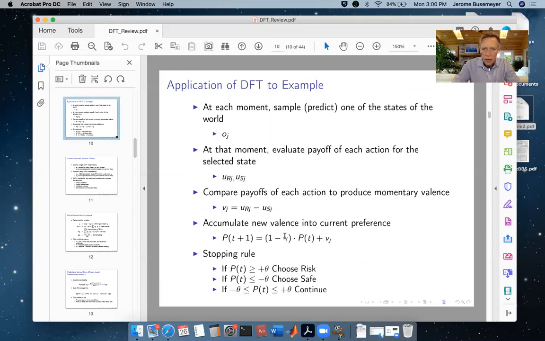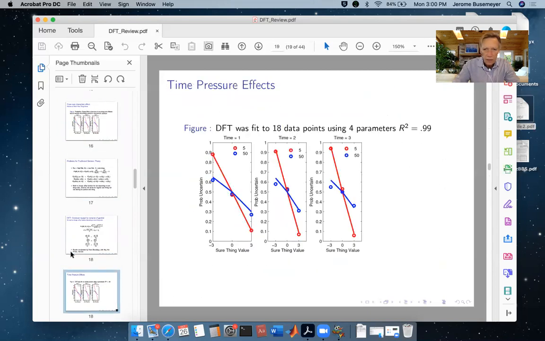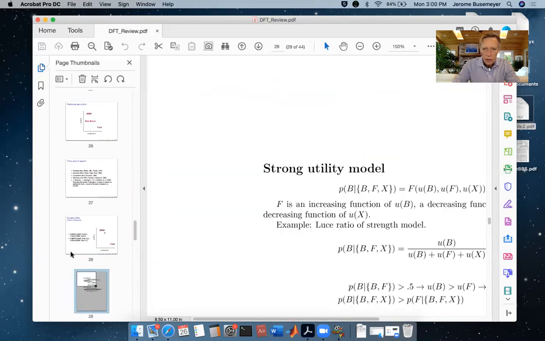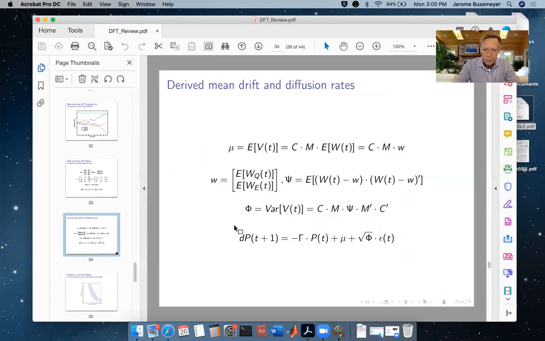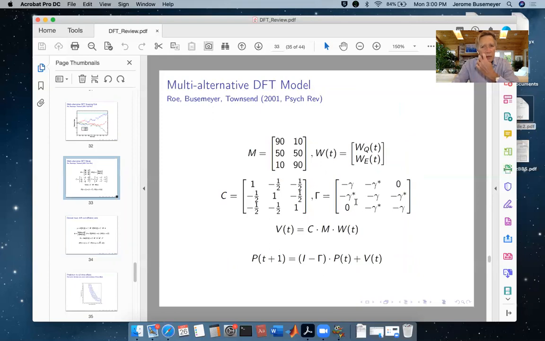This is a growth decay parameter. It can produce primacy and recency effects. We only need one single gamma in the one-dimensional model, which is keeping track of the difference between the two options. But in the multi-dimensional model, we need to replace that with a matrix. So that's what this matrix represents.